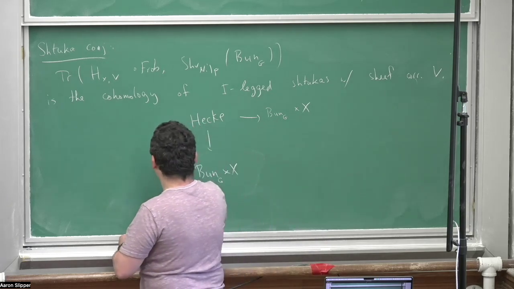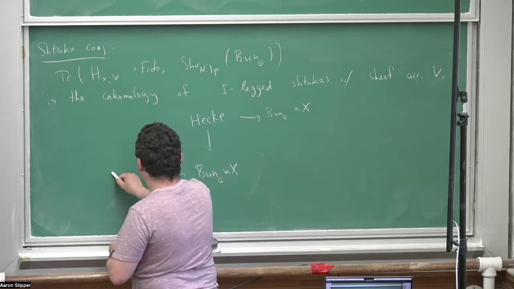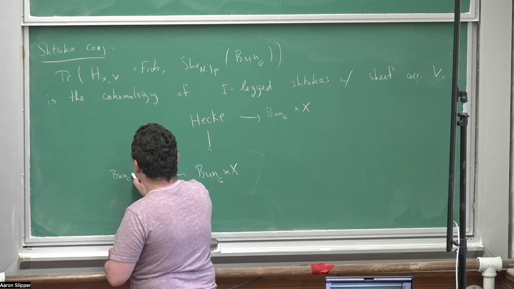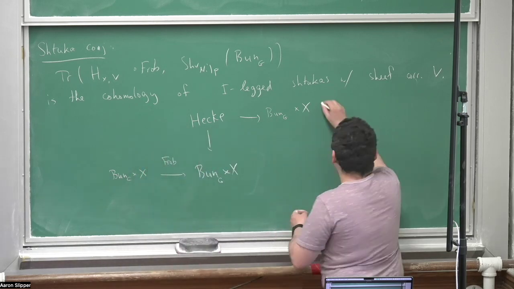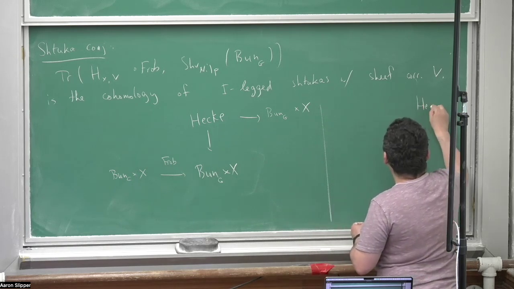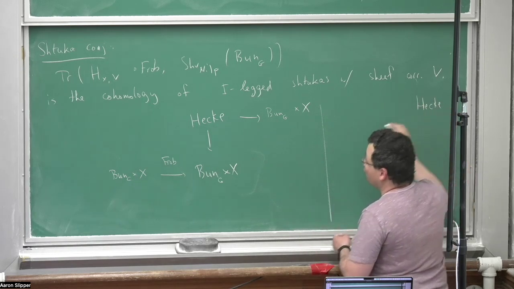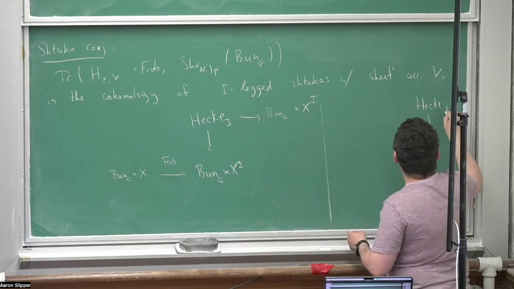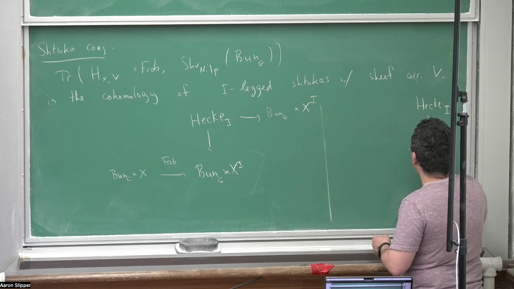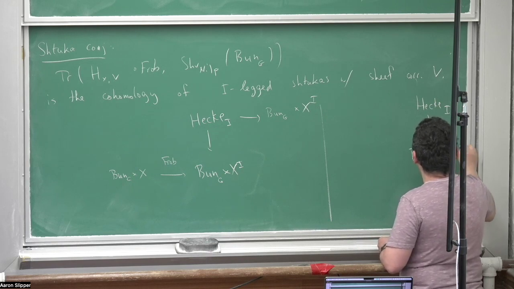So in other words, the point is, I have this Hecke sub I going to Bun G times Bun G times X to the I.